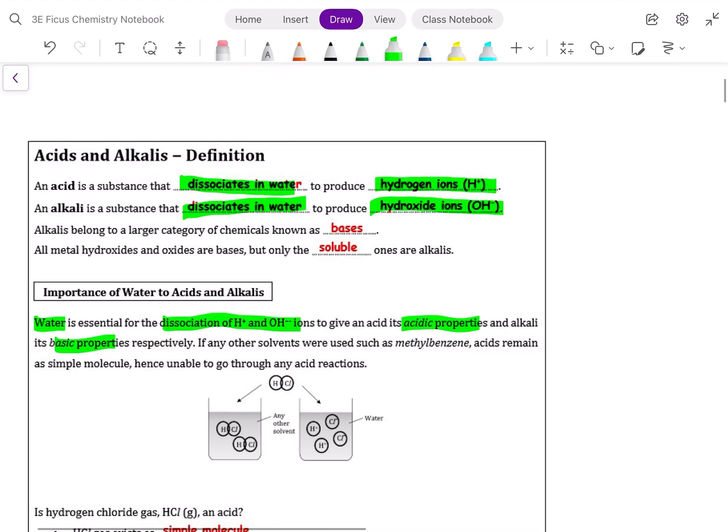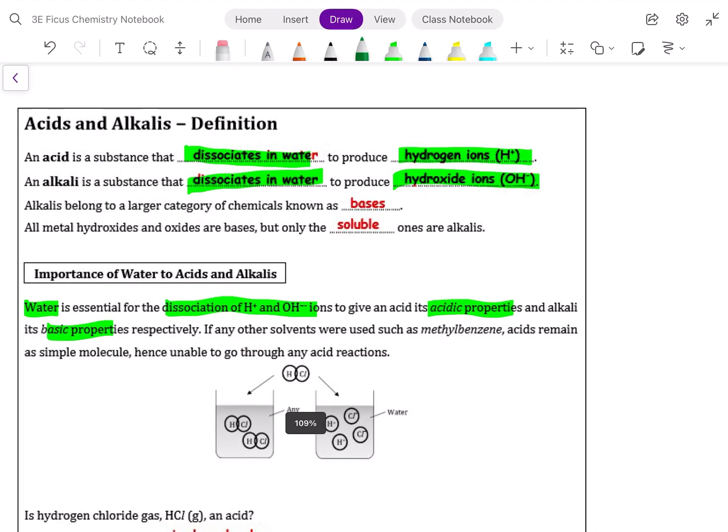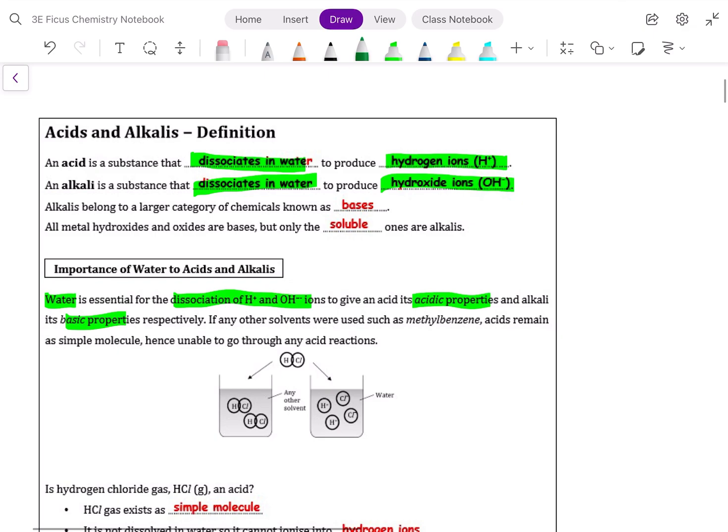For example, let's look at this little diagram down here. You put HCl, this is actually HCl gas. It exists as a molecule down here. I hope you still remember how to draw a dot and cross.